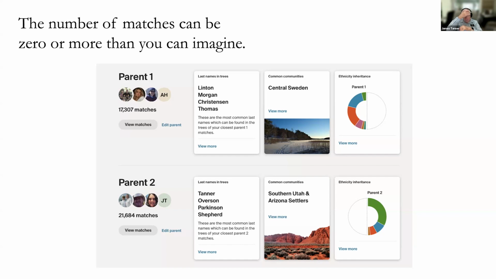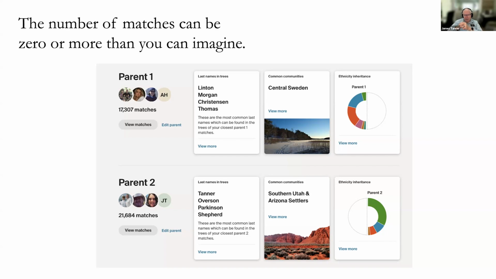I can tell immediately by the surnames that parent one is my mother and parent two is my father. This is an Ancestry test, and they've told me that the Christensen line at least came from Sweden, which actually came from Denmark, but Sweden and Denmark a lot of times were the same country. And that's parent one's inheritance.